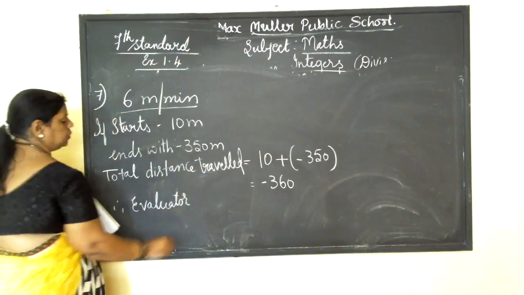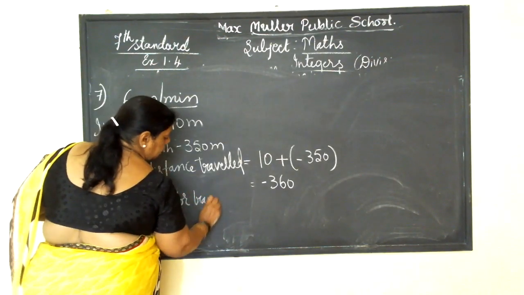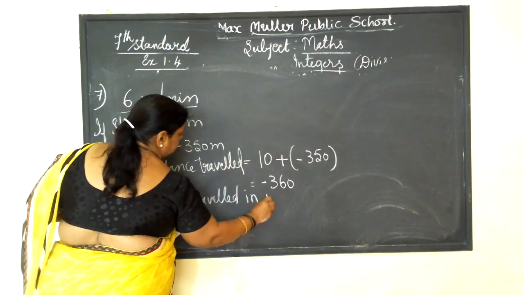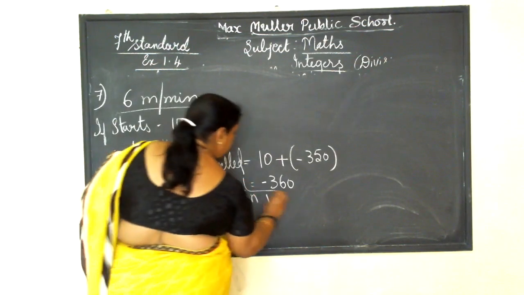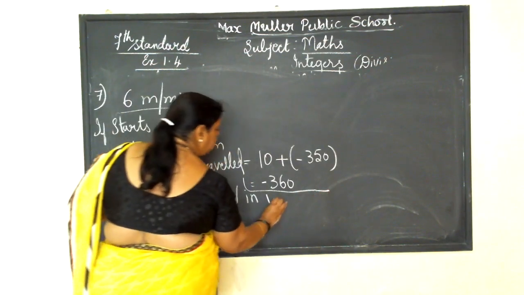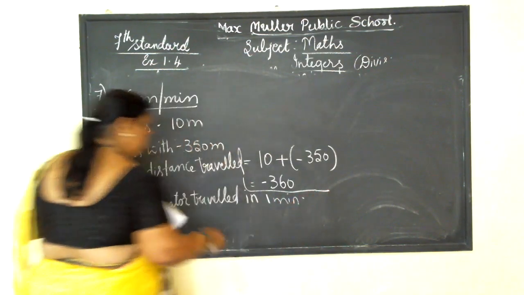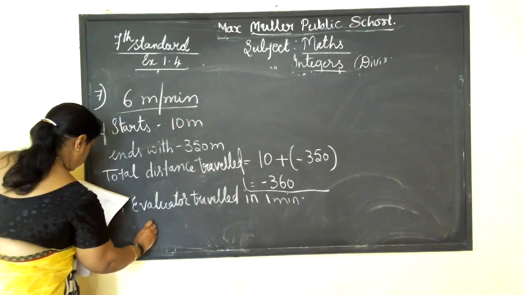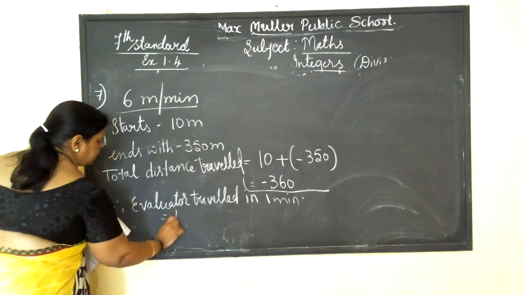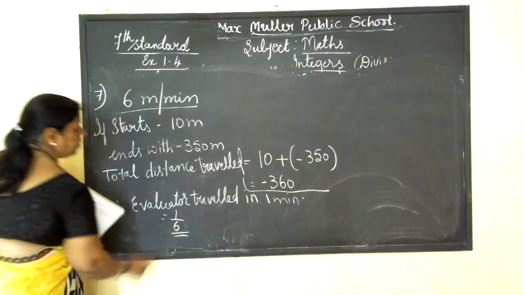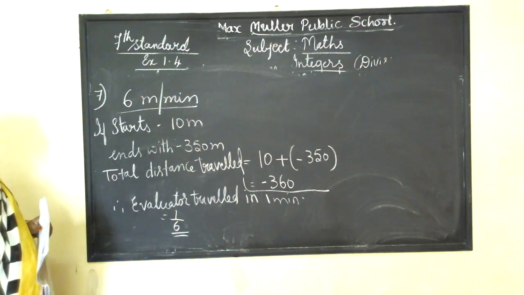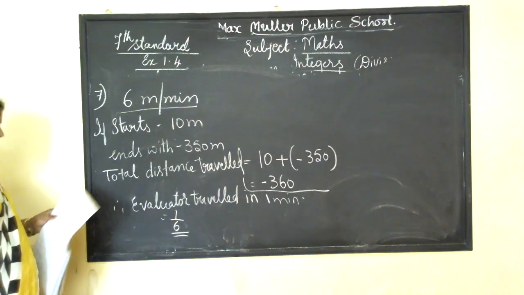In 1 minute, how much distance will it travel? So it is 1 by 6. It is 1 by 6, 6 minutes only, no? So, 1 by 6 minutes.